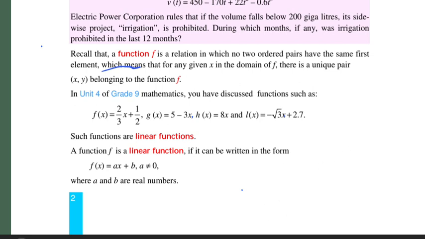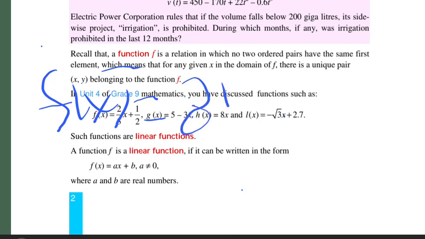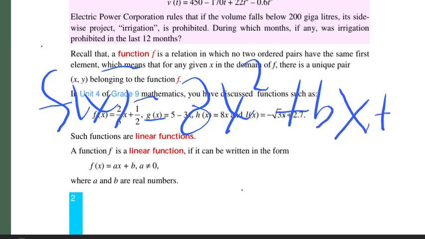The general formula of the quadratic function is f of x equals ax squared plus bx plus c. C is a constant, a number. This holds if and only if a is unequal to 0.